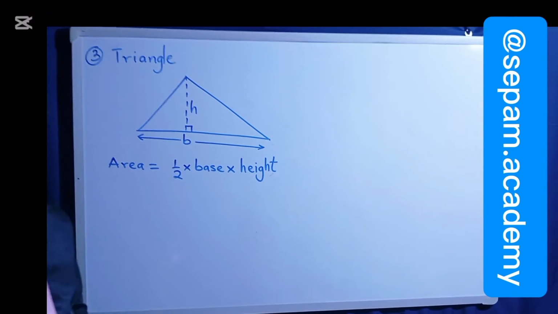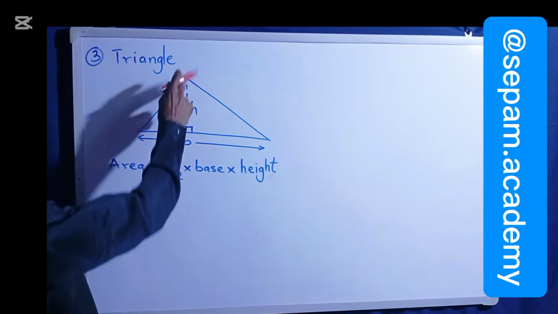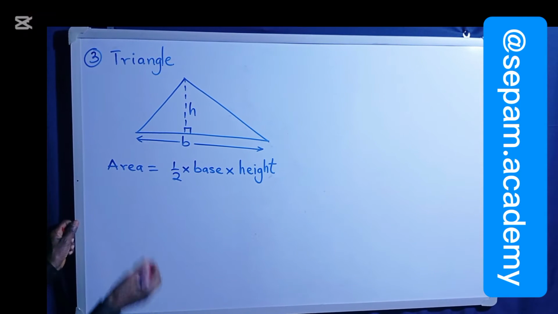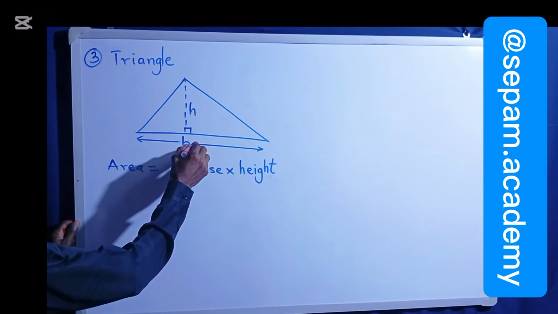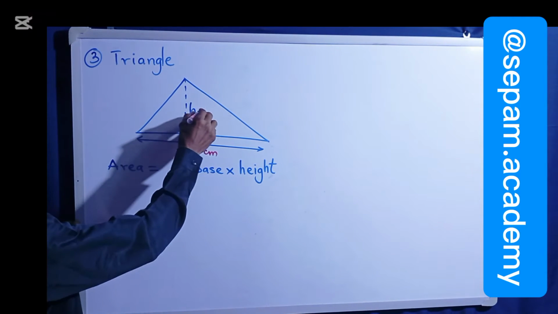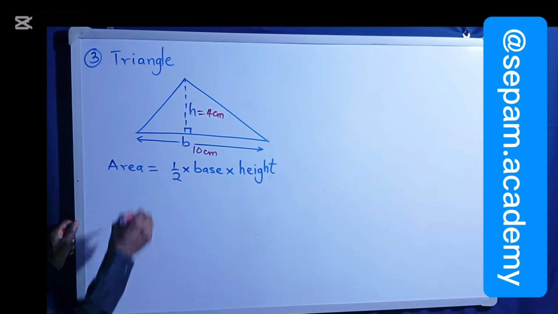All right, so we're going to be looking at the area of this triangle. In a triangle, you have the height and then you have the base. So let's look at an example. For example, if this base is 10 cm and the height is 4 cm, what is going to be the area?